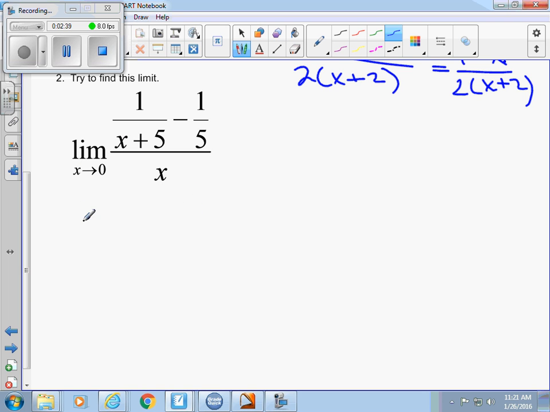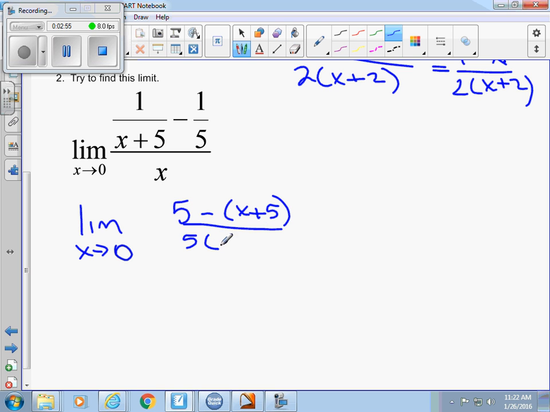But can I still try some sort of algebra? I could combine the fractions. Okay, that is the top fraction. Did I do that too fast?